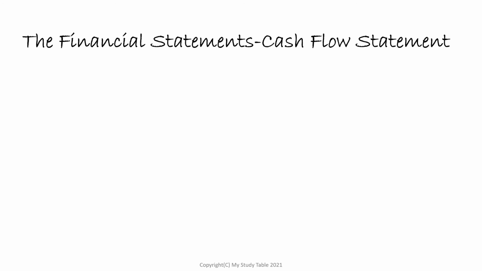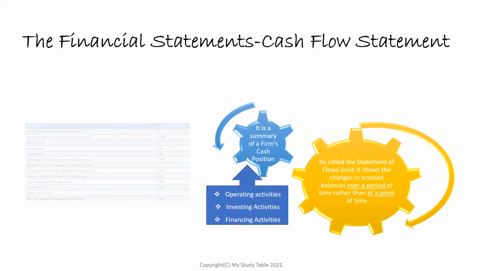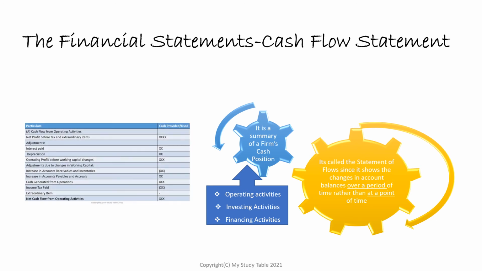Let's move on to the next financial statement, that is cash flow statement. Now the statement of cash flows provides information about cash inflows and outflows during an accounting period. The cash flows are segregated by operating, investing and financing activities.